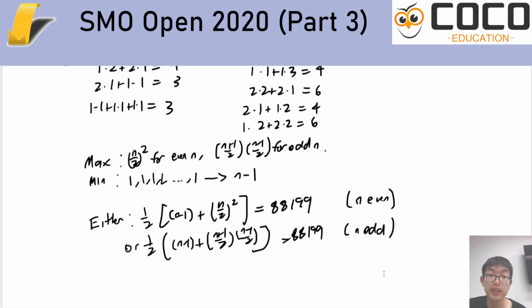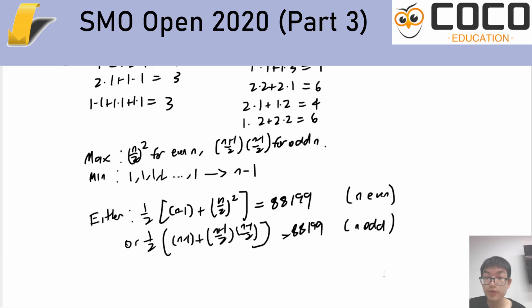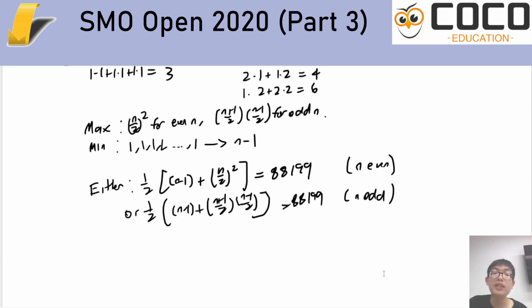Once more, you can just check the 2. I think there is no point in trying to do some sort of clever modular arithmetic to restrict whether it's even or odd, since it's going to require you to solve one of them for n anyway. So you might as well just pick one of these. If you are fortuitous and you pick the correct one, which is the first one, you're going to end up with n is equal to 838.